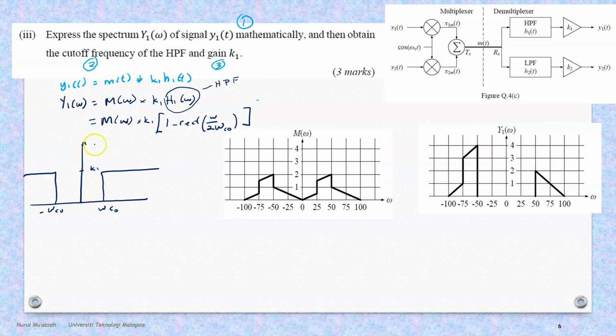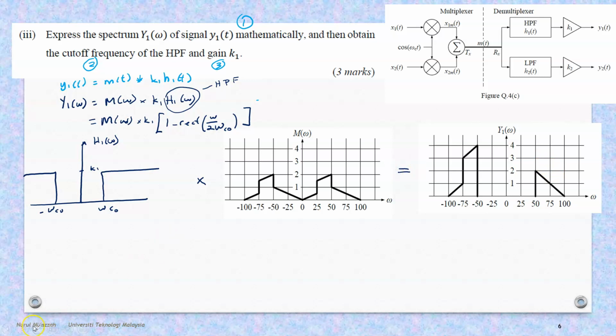This is H1(ω), which is the high pass filter. This high pass filter is multiplied with M(ω). So this is M(ω). We multiply H1(ω) with M(ω), and we will have this Y1(ω).